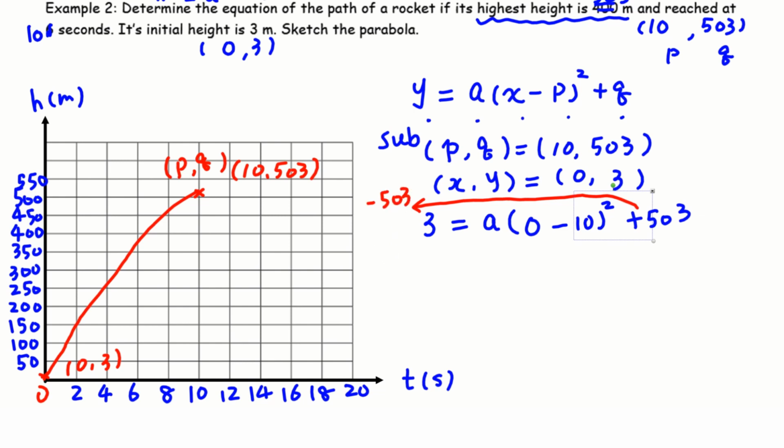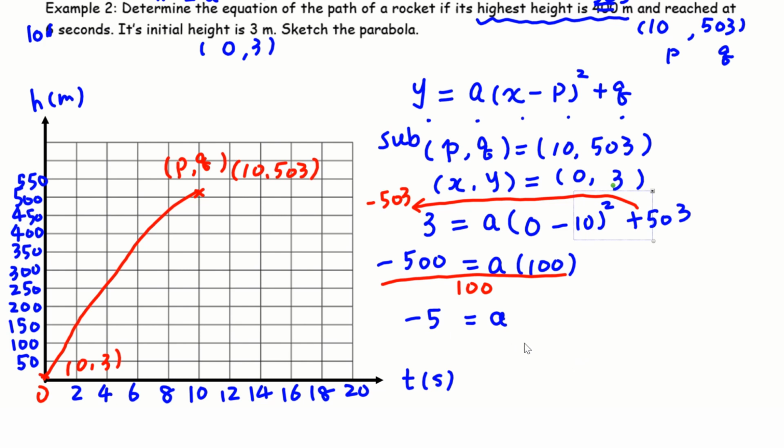So 3 minus 503 gives you negative 500. And a times the bracket negative 10 squared gives you 100. So in order to solve for a, we move the 100 to the other side by doing the opposite operation. Then we have a equals negative 5.